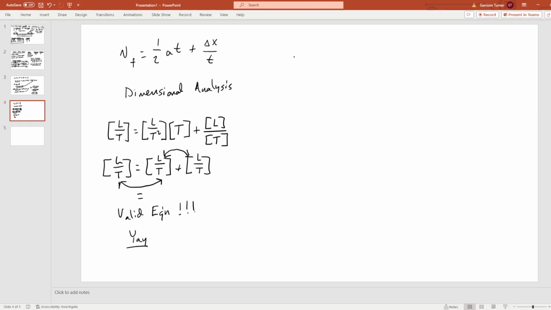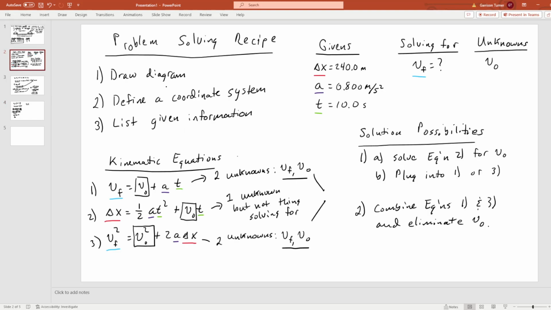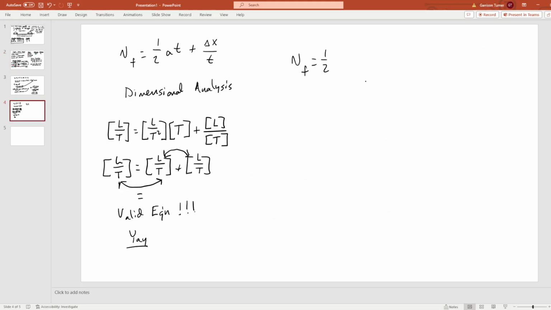So now it's plug and chug. So VF is going to equal 1/2. And coming back to our values, my acceleration was 0.8. T was 10. So actually it might not hurt to write these down. Delta X was 240 meters. A was 0.8 meters per second squared.